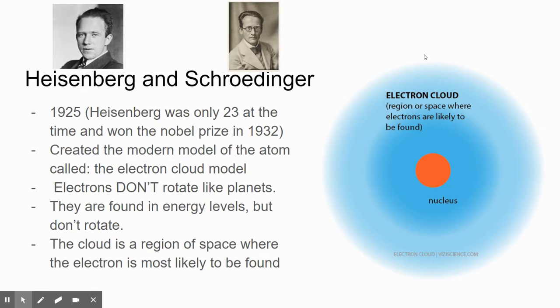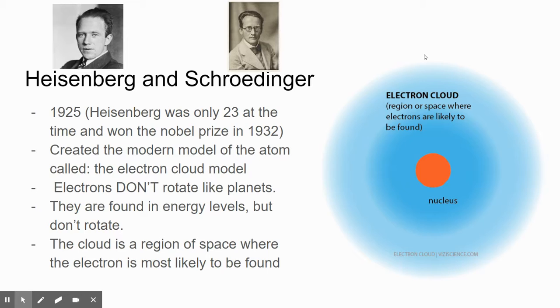And the other two guys that were able to figure it out were Heisenberg and Schrodinger. So they found that the electrons were not actually rotating around like planets. Instead, they were found in energy levels. The electrons move pretty randomly. They don't just rotate.